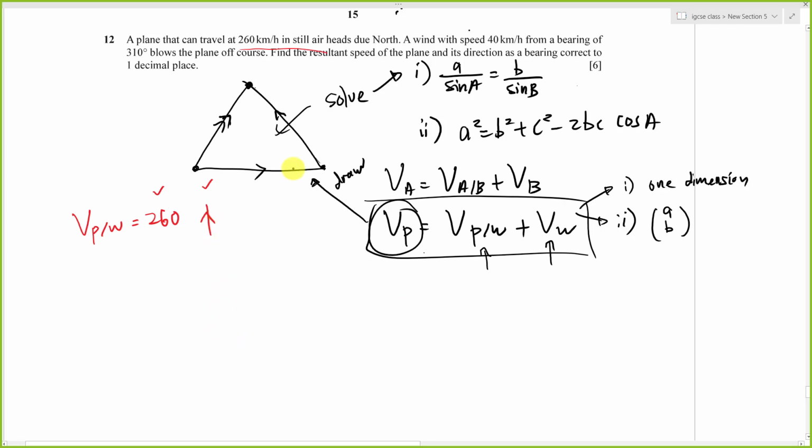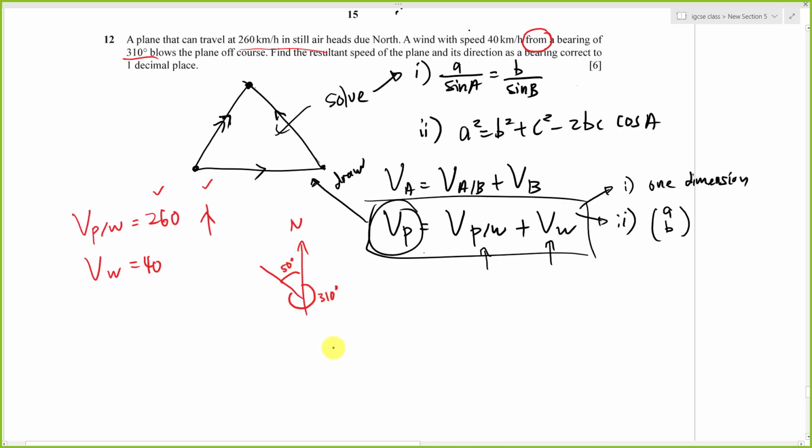Due north. A wind with a speed of 40 from the bearing of 310, blowing the plane off course. This is the very tricky thing: from the bearing of 310. From 310 and toward 310 are opposite directions. If I draw the bearing, this is north, and 310 is about like this, 50 degrees from north.